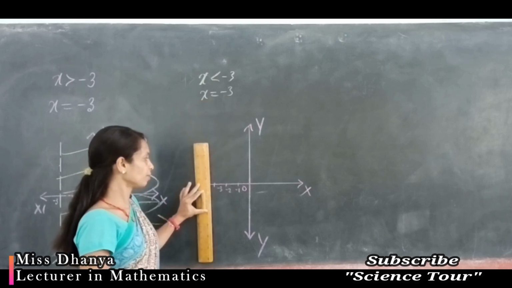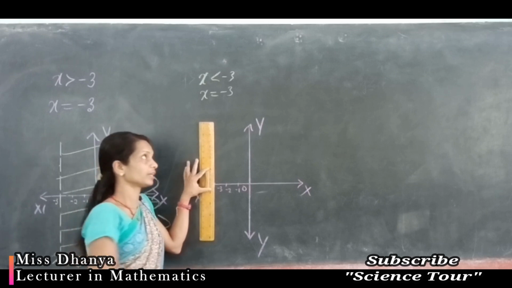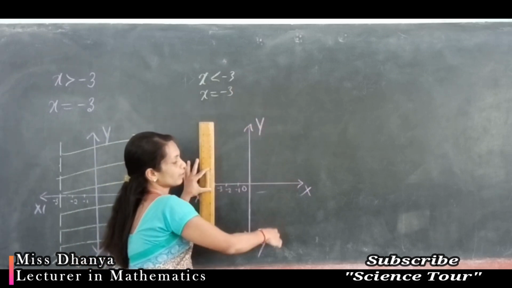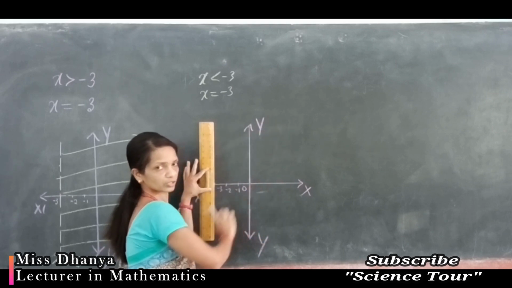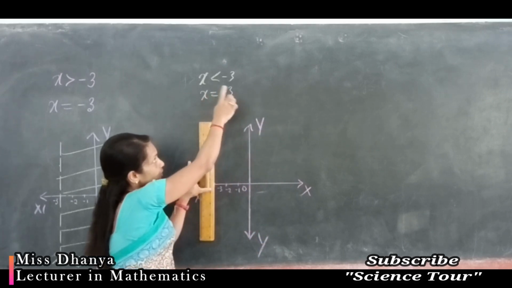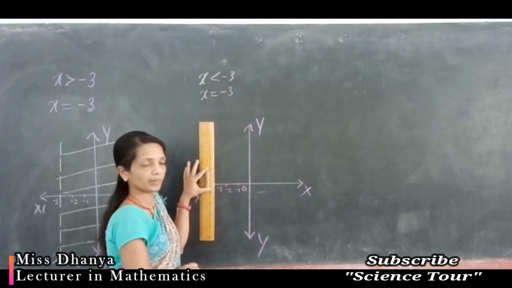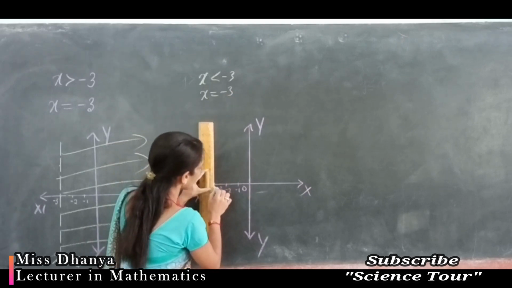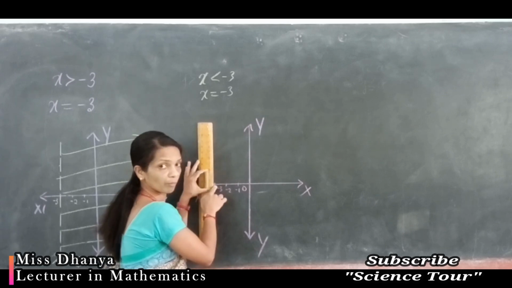Always x equal to some number is a vertical line. If you get x equal to some positive number, then that vertical line is on the positive side of the x axis, and if x equal to some negative number like this, then the vertical line lies on the negative side of the x axis. Now x equal to minus 3 is the vertical line passing through minus 3 on the x axis.